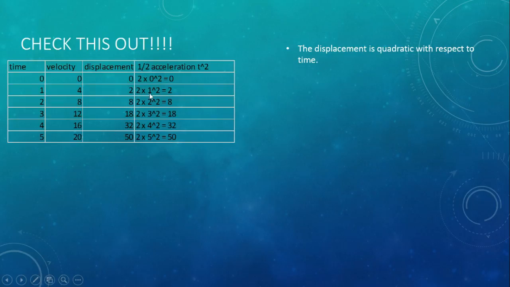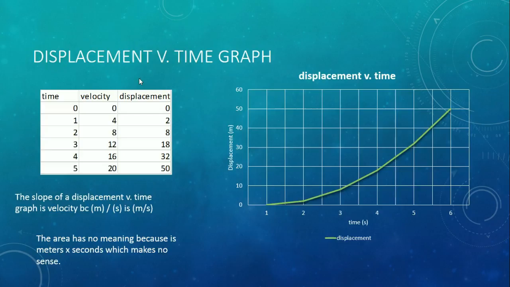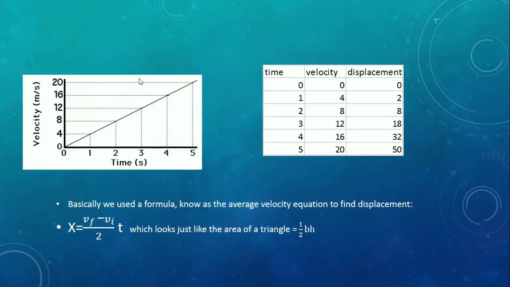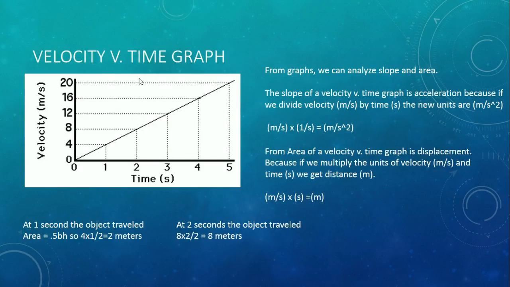But if you look at this pattern here, if I square the time and multiply it by half the acceleration, this is all that's saying, we get the exact measurement of displacement. So the acceleration in this case was 4 meters per second squared because the slope of this line is 4.